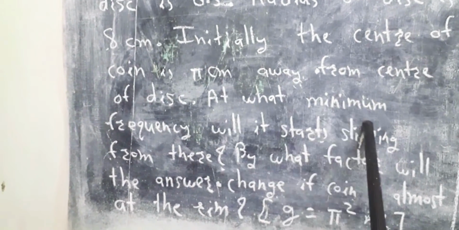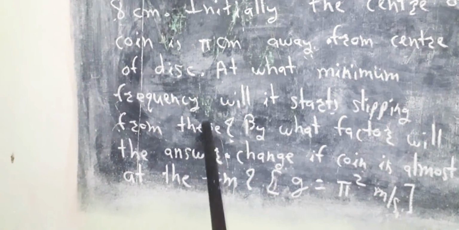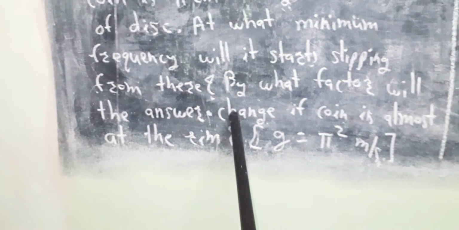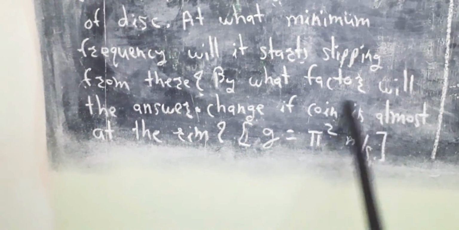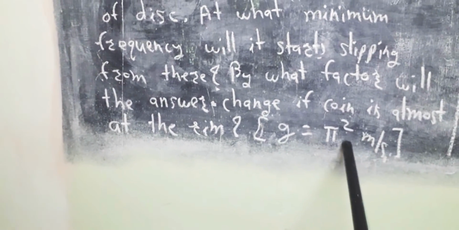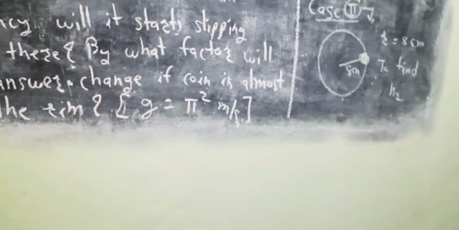At what minimum frequency will it start slipping from there? By what factor will the answer change if the coin is almost at the rim? In a bracket, g is equal to pi square meter per second square. It is given to us.